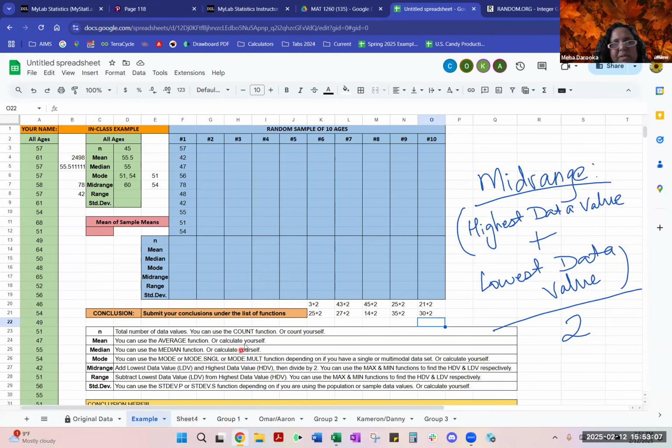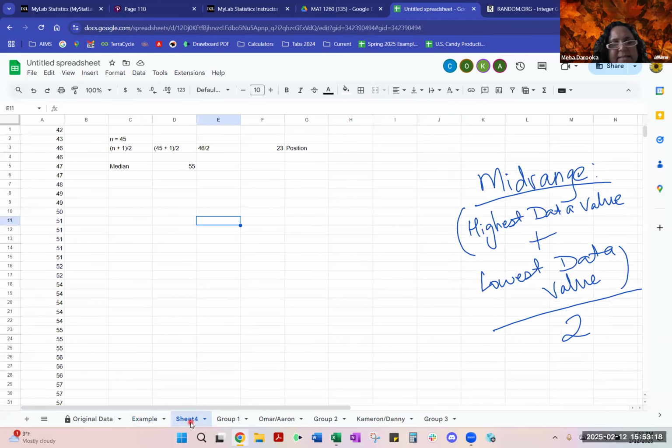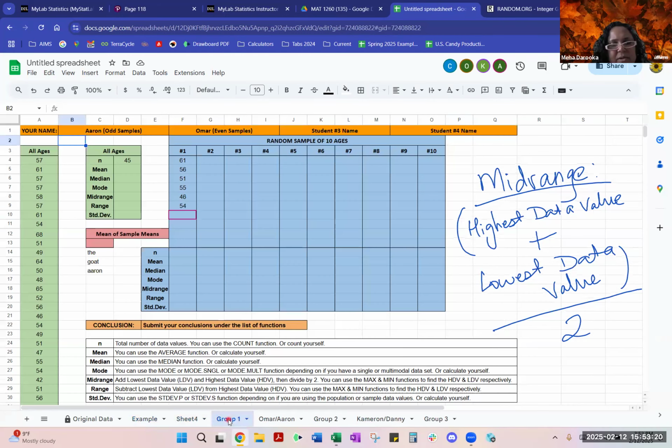And yeah, getting those samples will take a little bit of time because we have to come up with the positions in the random number generator and then match those to the ages in our table. So that will take just a little bit of time to get through.